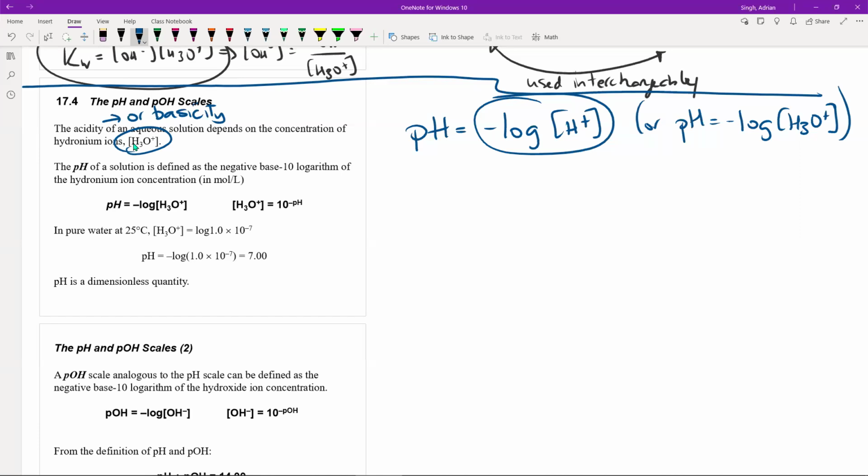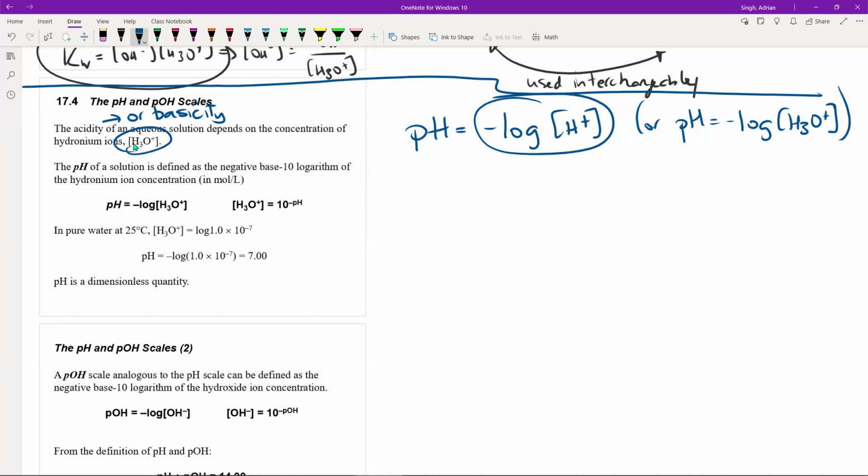Similarly, if something has a pH of 1 versus a pH of 3, well, the pH of 1 is 100 times, or 10 to the 2 times, more acidic than the pH of 3. So you want to keep that in mind when you interpret your pH values.